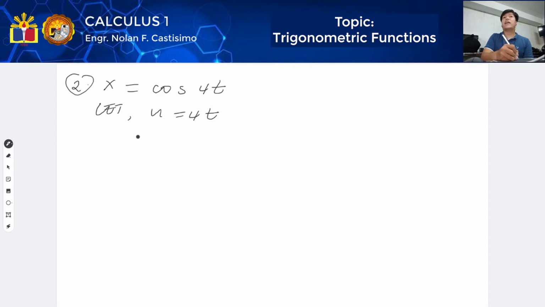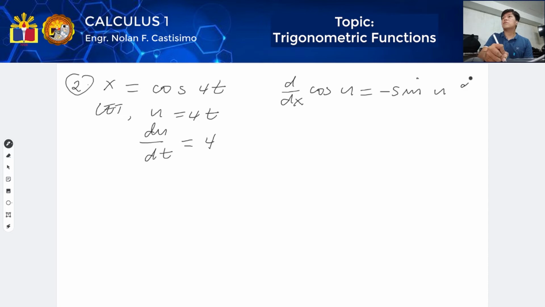And du over dt kasi yun yung domain natin. Okay, so derivative niyan is 4. Using our formula, d over dx cosine u is equivalent to negative sine u times du over dx. Yan. So, ito yung gagamitin nating formula.